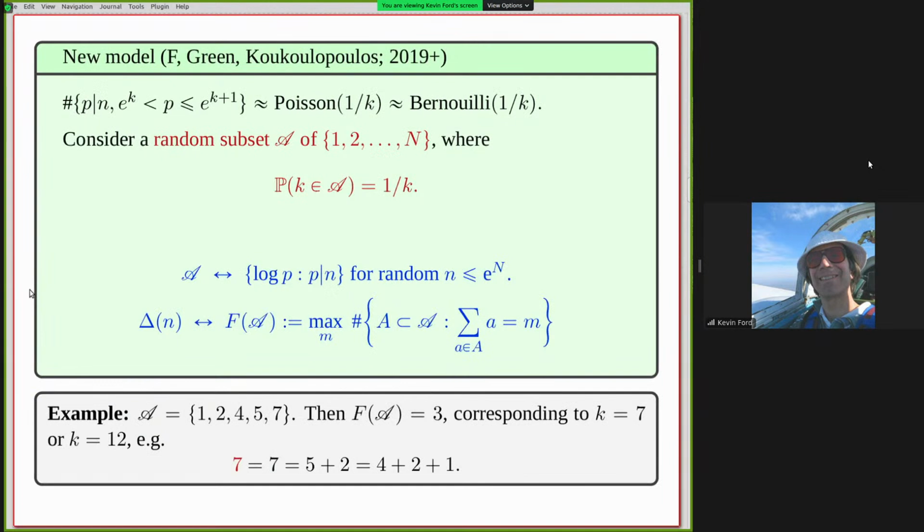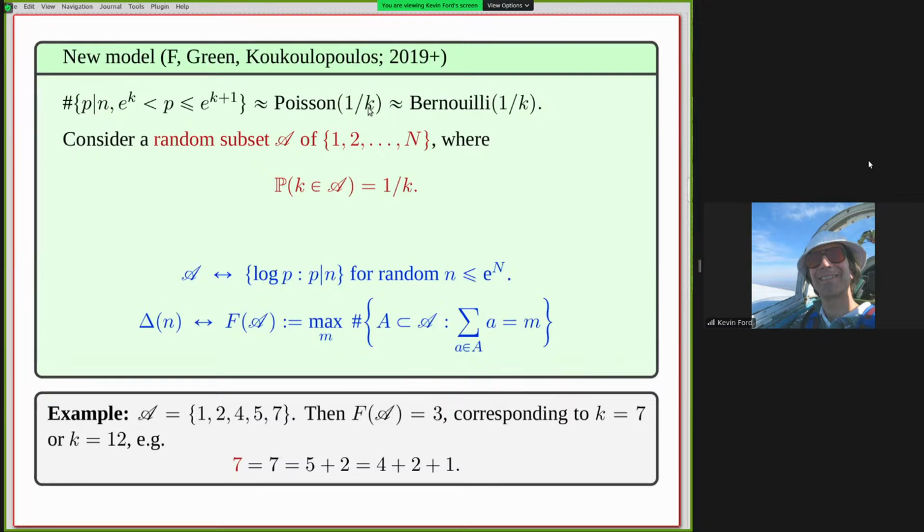Now, what we did, incidentally, we originally were trying to prove the Maier-Tenenbaum conjecture. And in a way of doing that, we created a Poisson type model for the prime factors of an integer and realized pretty quickly that if we look at the prime factors in one of these intervals, which is the intervals that we care about in this problem, that's roughly Poisson with parameter 1 over k.